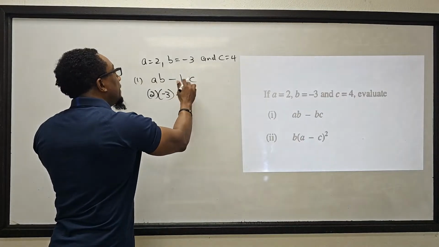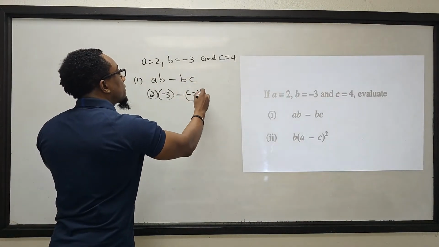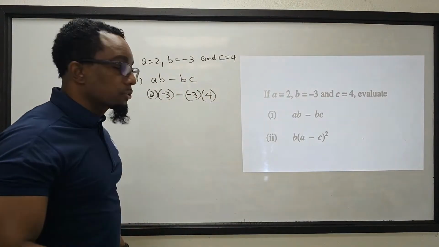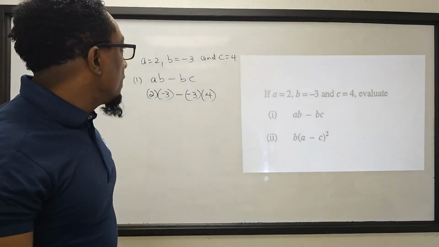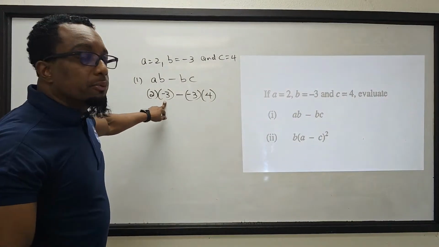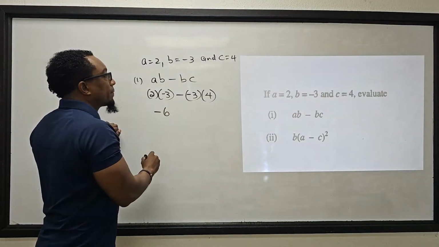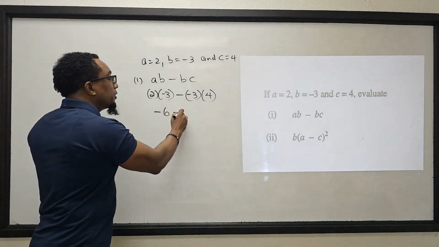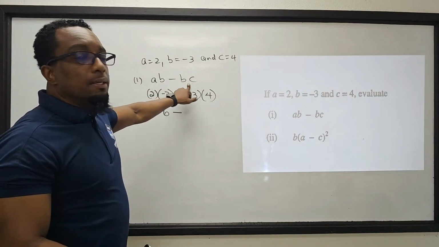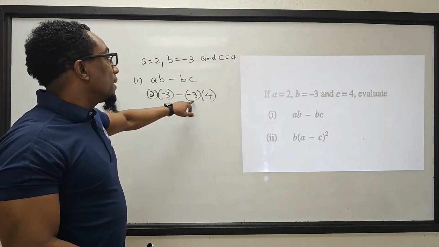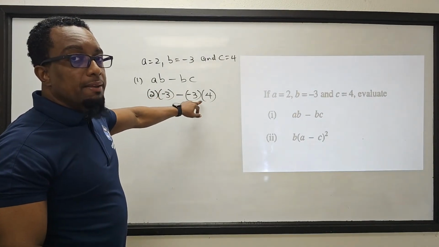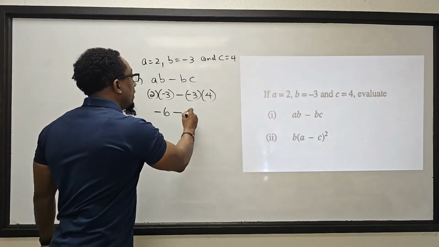Subtract B, -3 in brackets, C, 4 in brackets. So let's multiply. 2 by -3 is -6. I hold this subtraction sign separating the product of B and C. So let me multiply -3 by 4, which will give me -12.